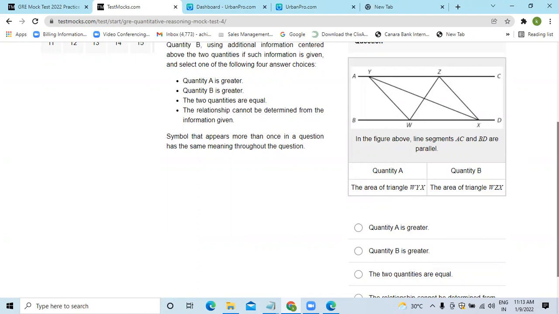The height is the same. The two quantities are equal, sir.